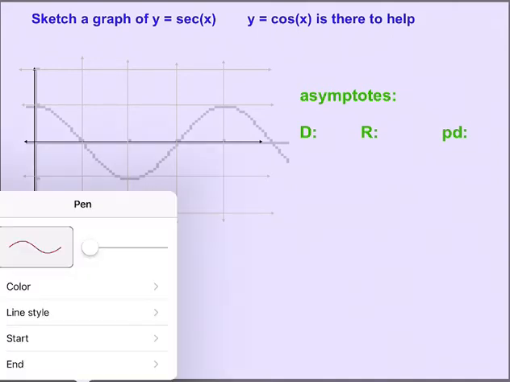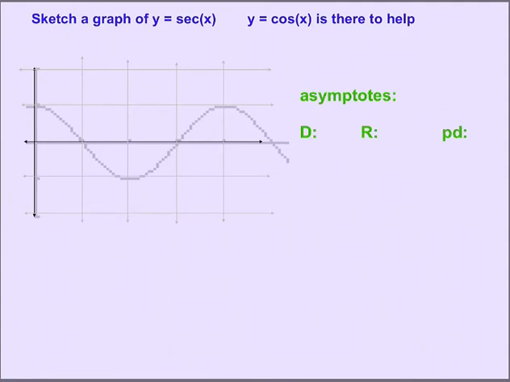The graph of secant will have a y-intercept of 1, because that's when cosine is equal to 1. And cosine has that 0 here, which means that secant's vertical asymptote will be happening at that point. So of course it also would be going up here too. And then the negative side is down here.